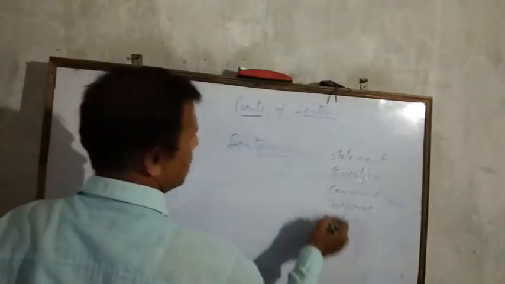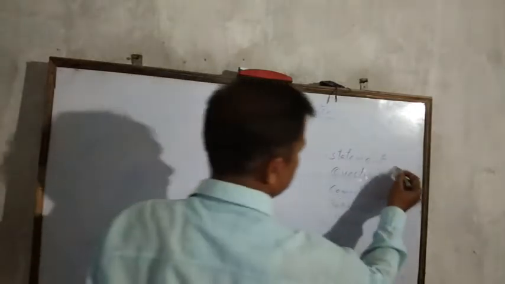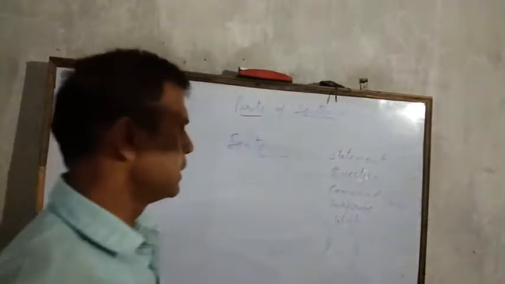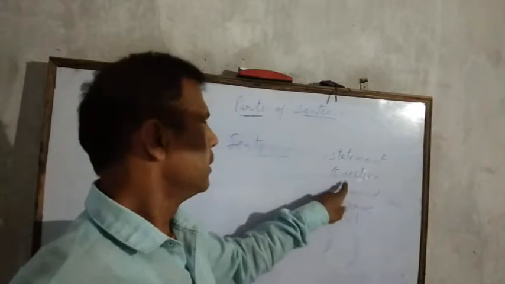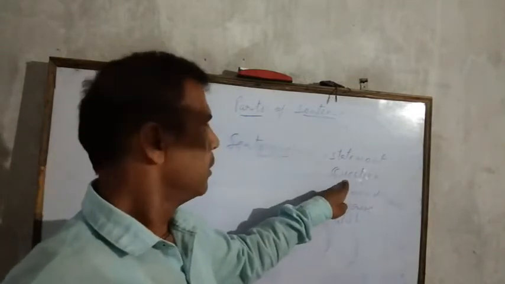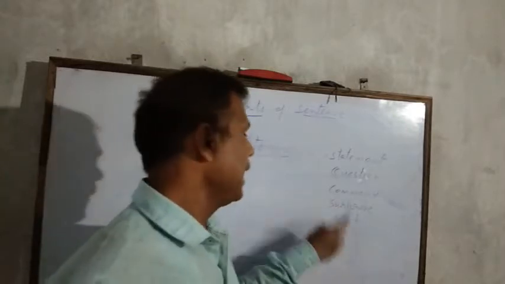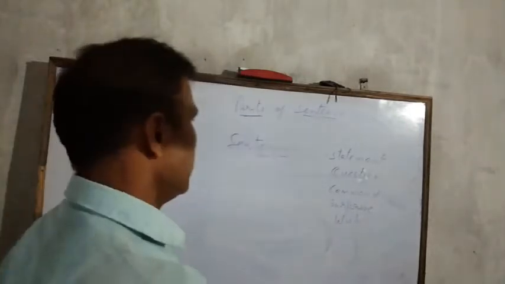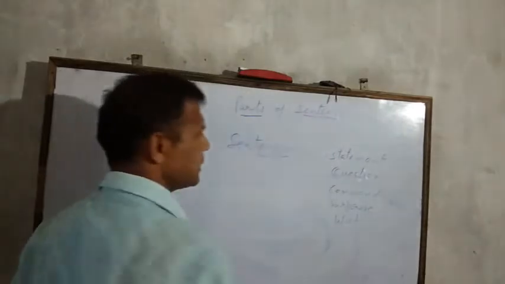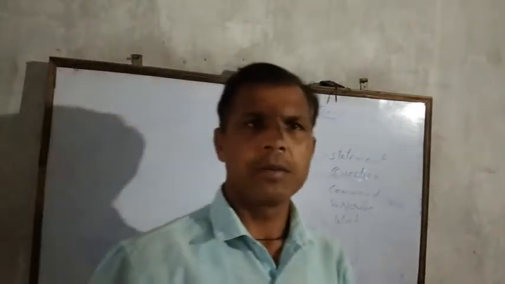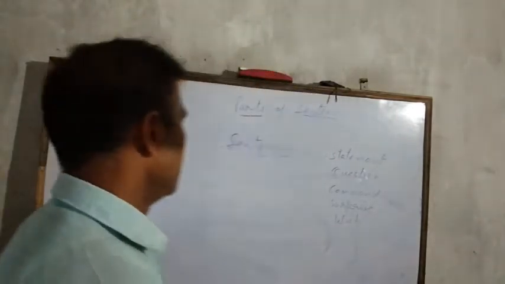You should remember this point. A sentence expresses a statement, question, command, surprise, and wish. In this way, a sentence gives out 5 ideas.